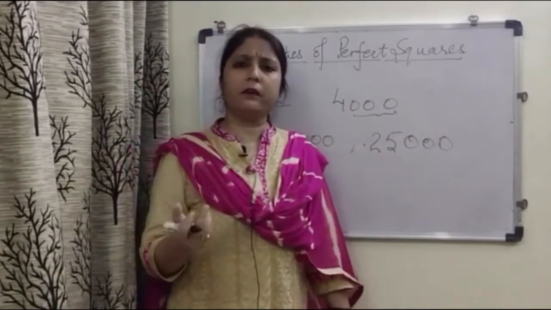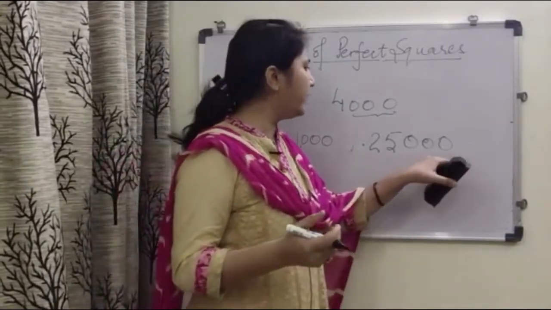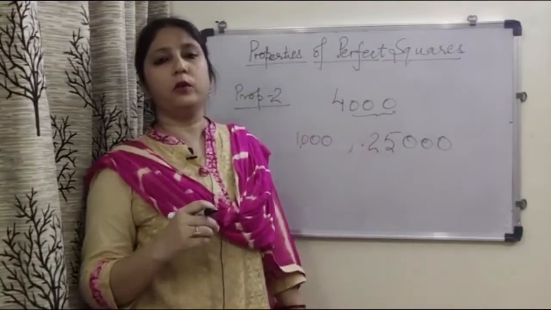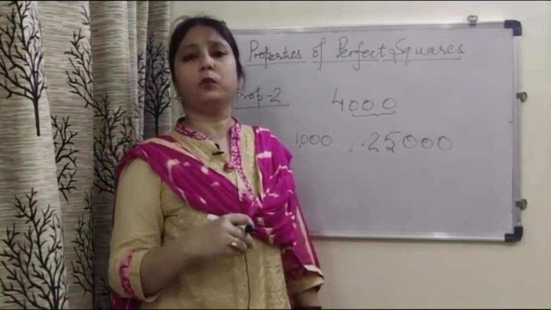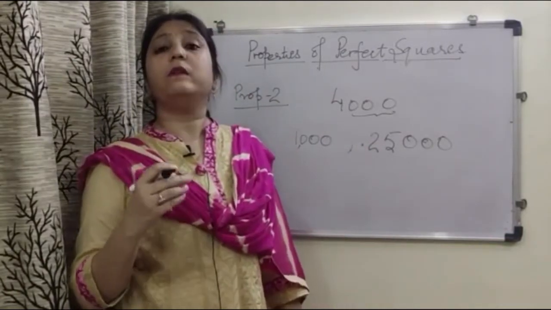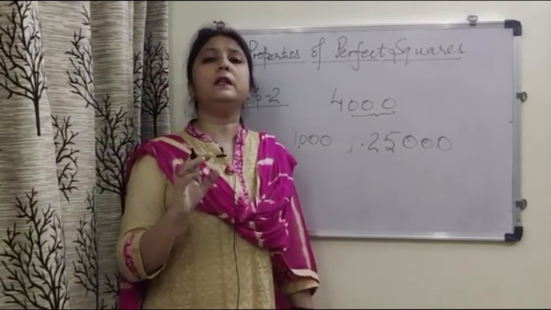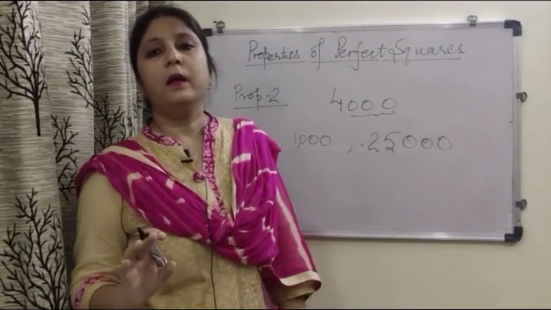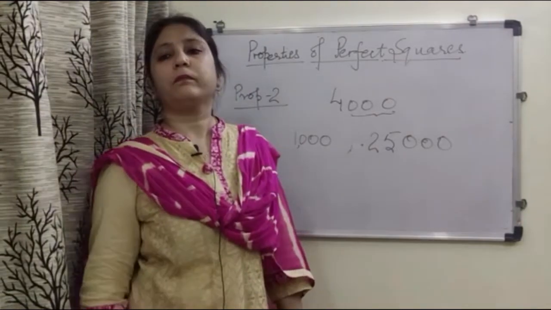Yes, 25 is a perfect square, but as it ends with an odd number of zeros, it is not a perfect square. You may have the case of 5 zeros, 7 zeros, a single zero. All these numbers which have an odd number of zeros are never perfect squares.